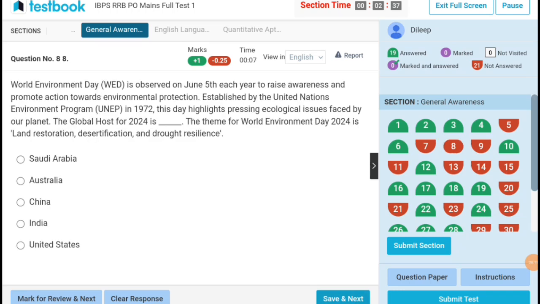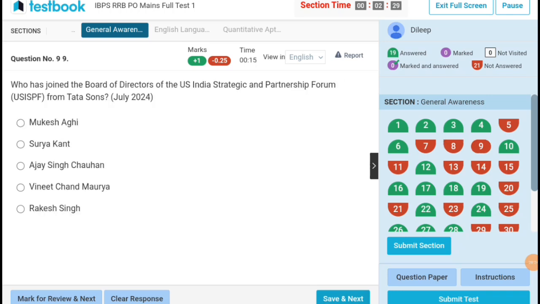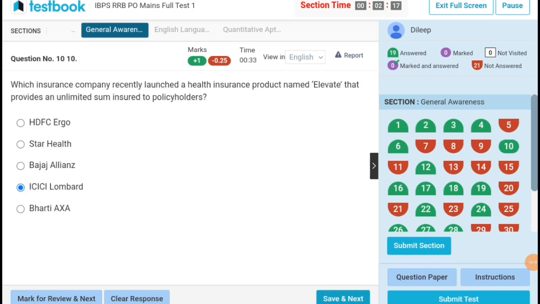World Environment, the global host. Board of Directors, US India Strategic Partnership Forum, Tata Sons. Which insurance company?